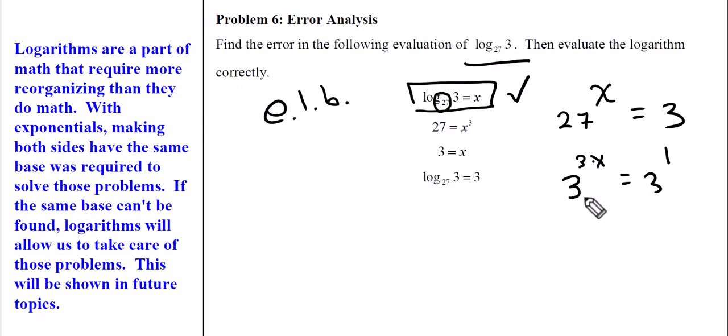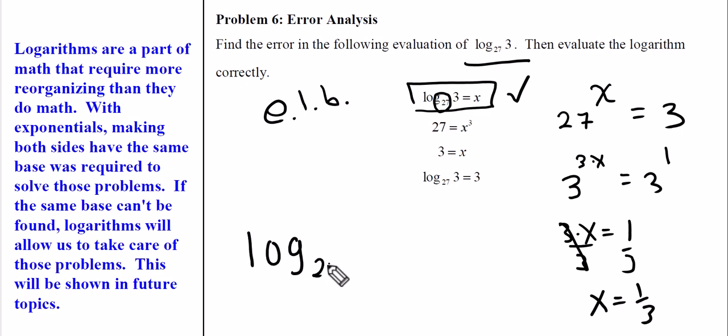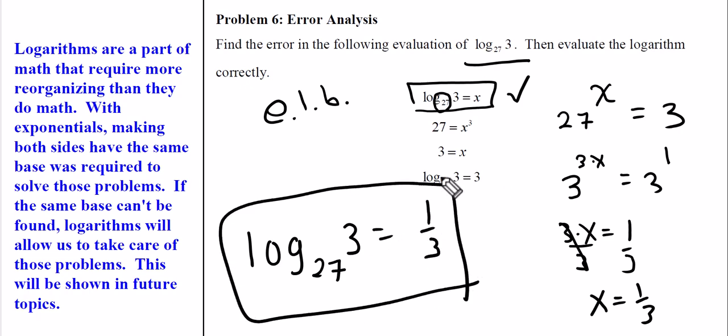And because they're the same base, I can set them equal to each other. I divide both sides by 3. I get x is equal to 1/3. Not 3, but 1/3. So we can finally write the actual official answer should be log base 27 of 3 is equal to 1/3. That is what it should be, not this abomination.